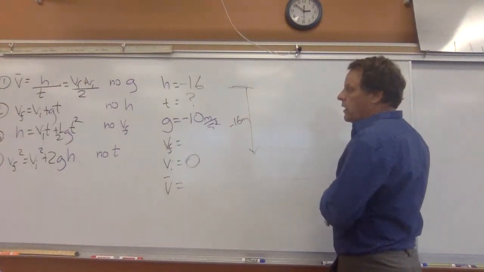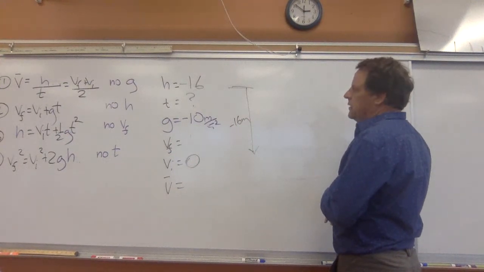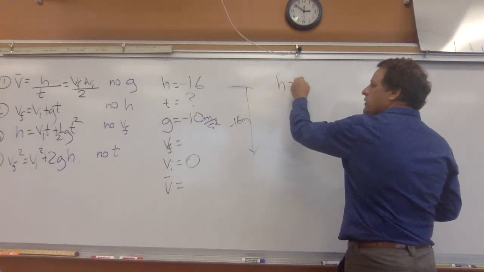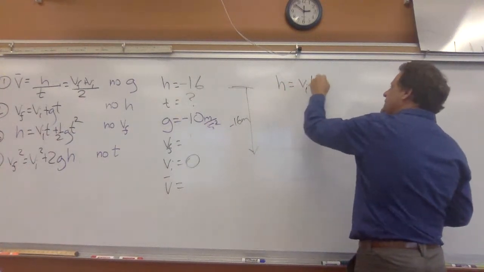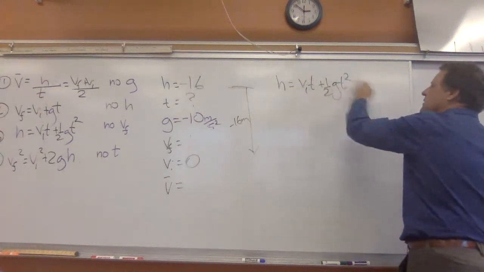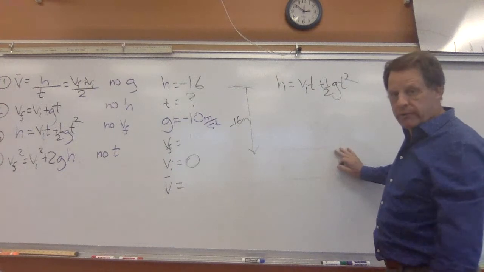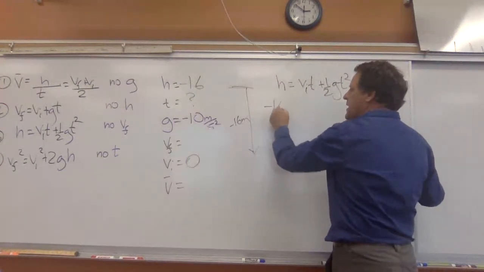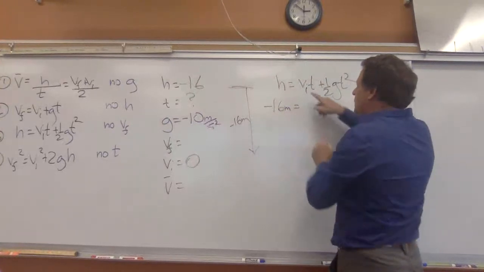All right, so we want equation number 3. h is equal to V initial t plus 1/2 g t squared. Okay? So right here, our height is going to be negative 16 meters.